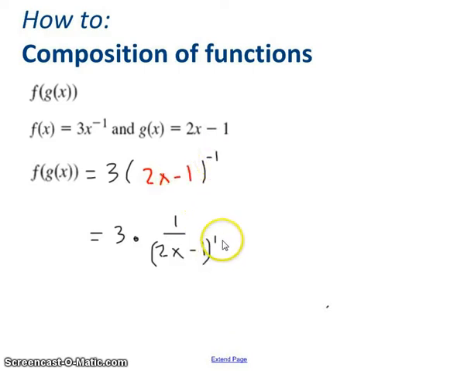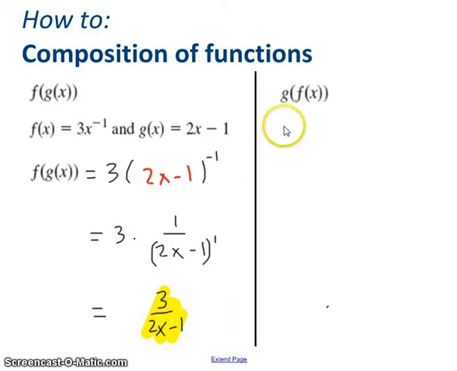Don't get lost in that. But I did want to note, now that I've got it on the correct side of the dividing line, all I am doing from now on with this exponent is saying it's to the first power. I could get rid of that. So cleaning it up, I actually have 3 over 2x minus 1. That is the result of putting g inside f.